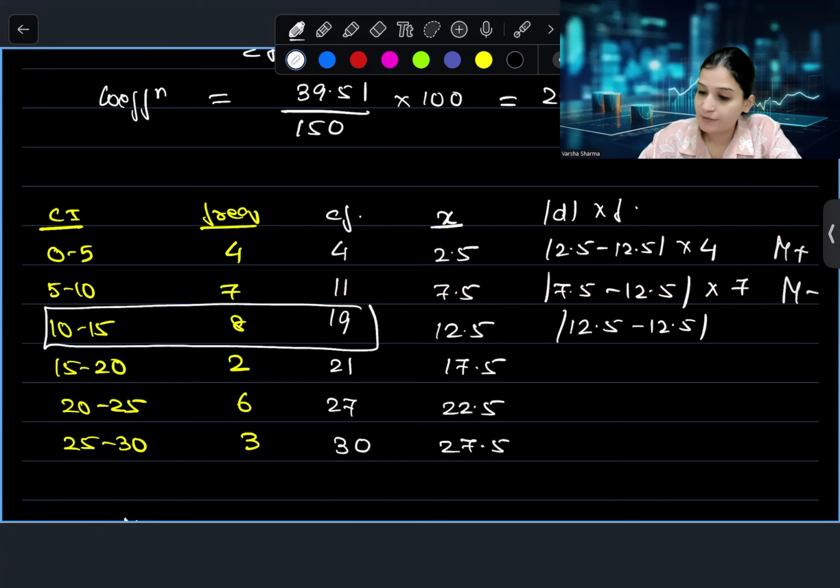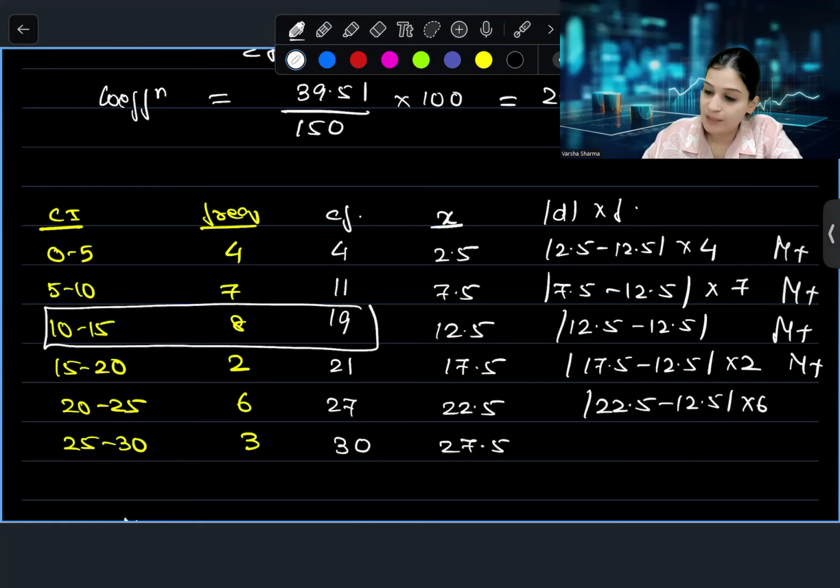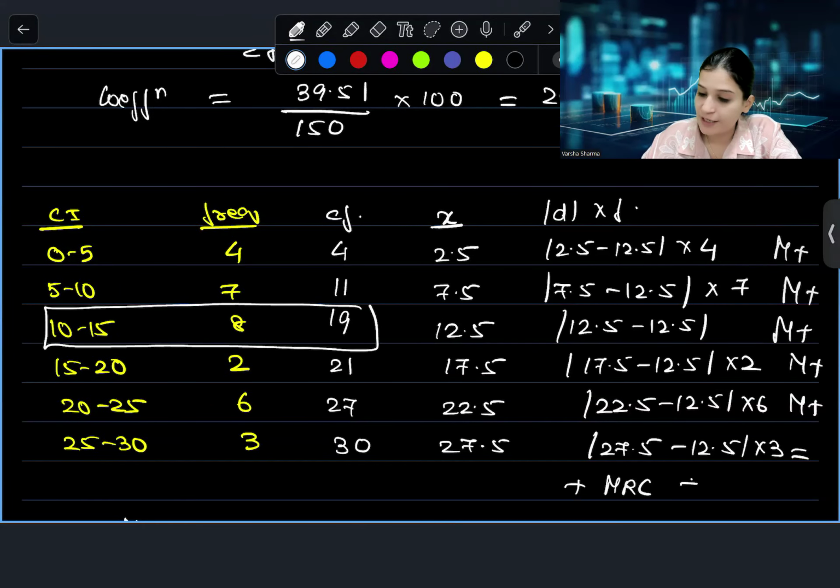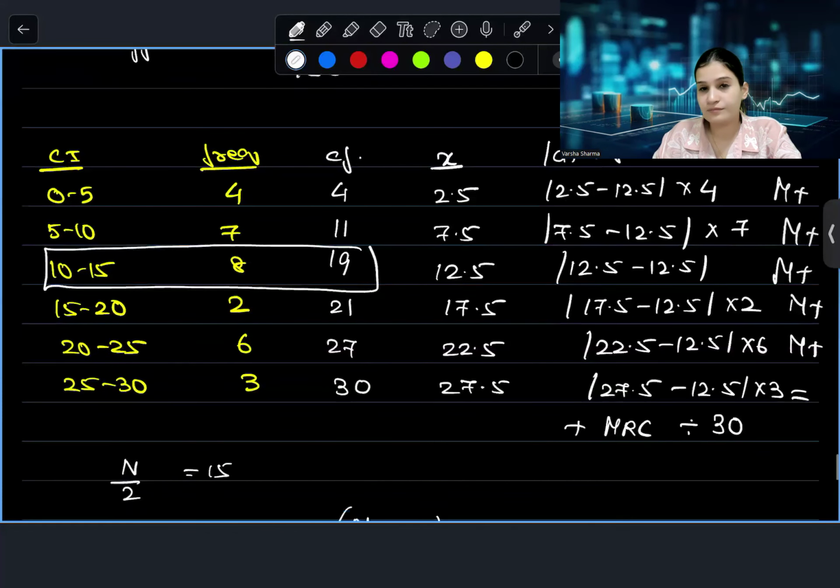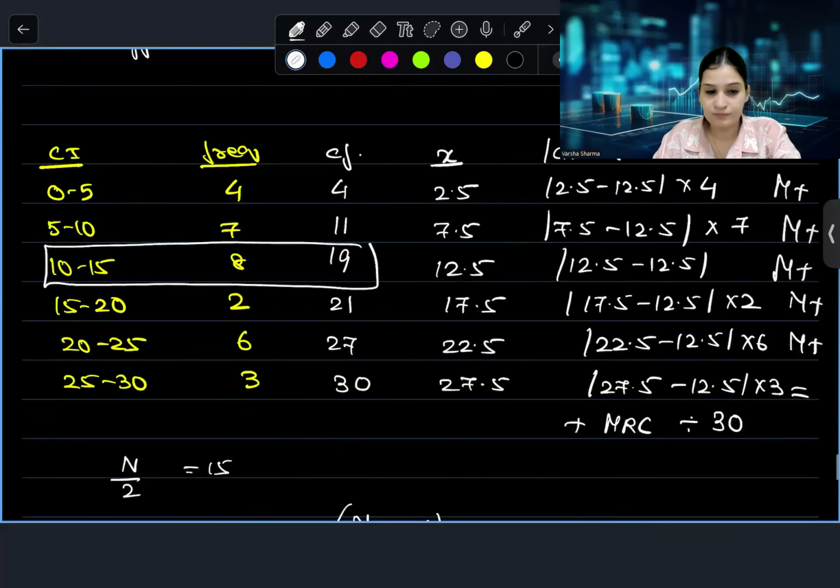Always press M plus. 17.5 minus 12.5 multiplied by frequency, 22.5 minus 12.5 multiplied by 6 M plus. 27.5 minus 12.5 into 3 equal plus MRC divided by total frequency. 6.33.